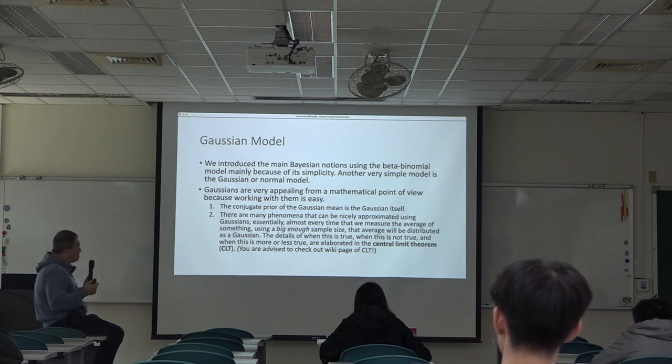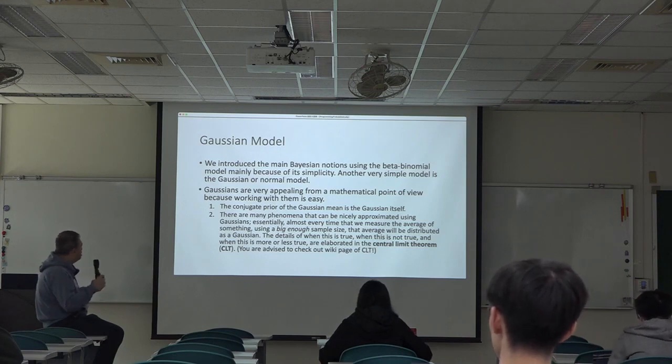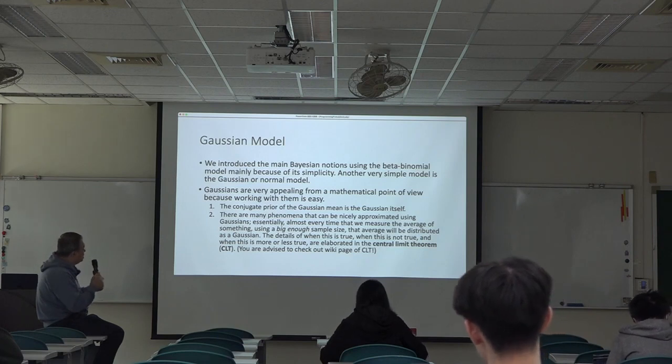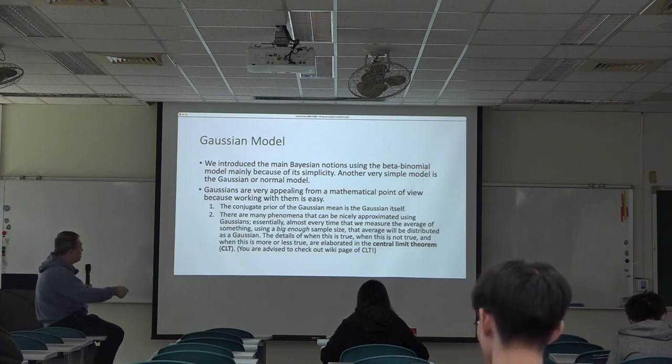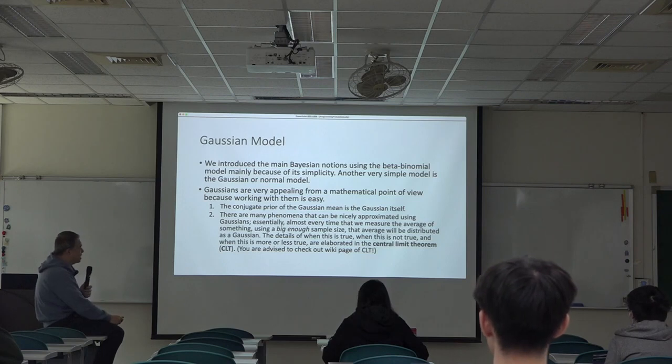Second, many phenomena can be approximated using a Gaussian, especially when there are many factors that affect the phenomenon. For example, every time we measure the average of something using a big enough sample size, that average will be distributed as a Gaussian.